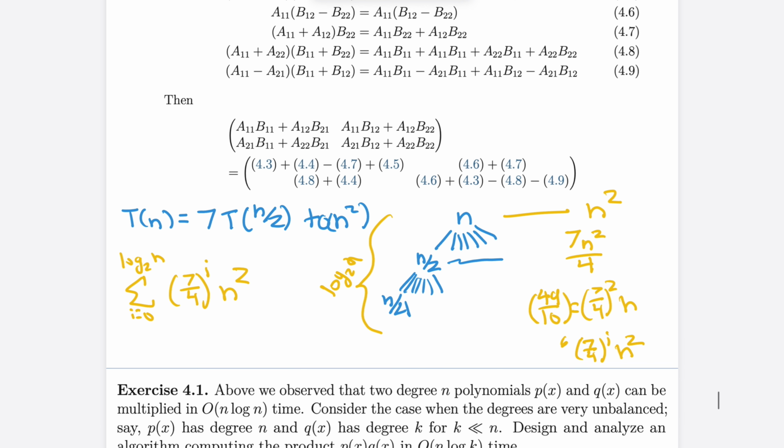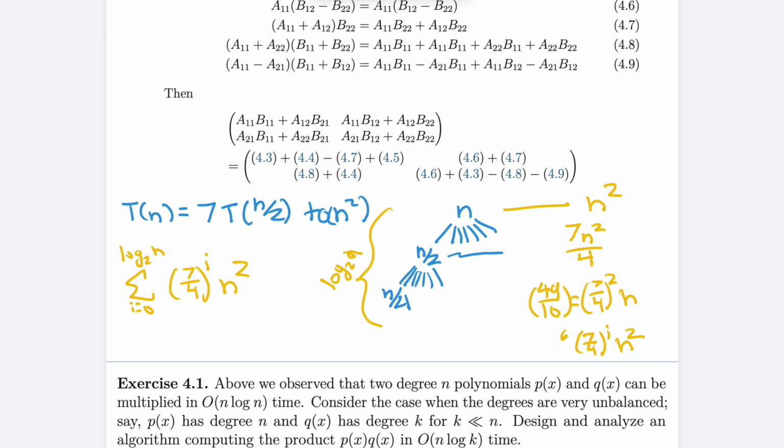And then how do we evaluate this? It's our second or third time in the class. It's going to be dominated by the largest term. So you get 7/4 to the log base 2 of n times n squared.